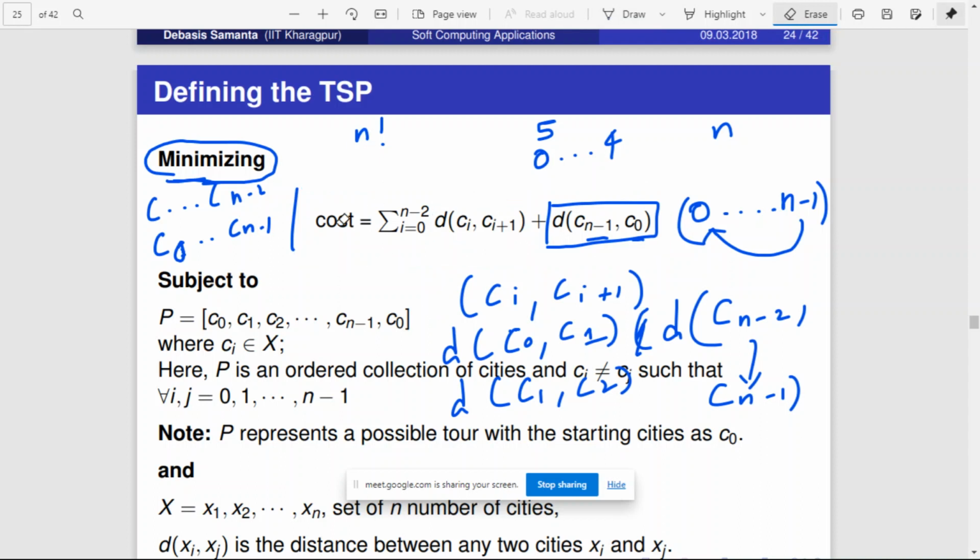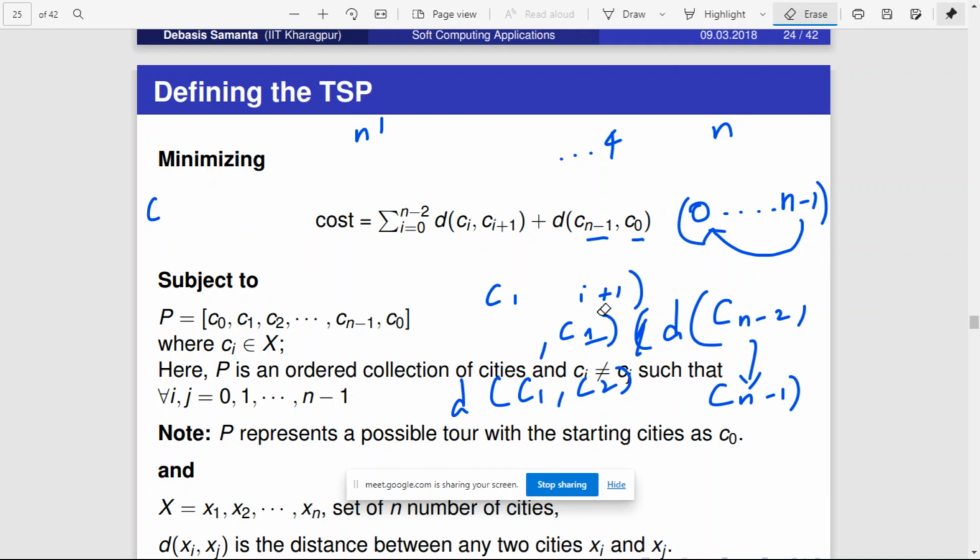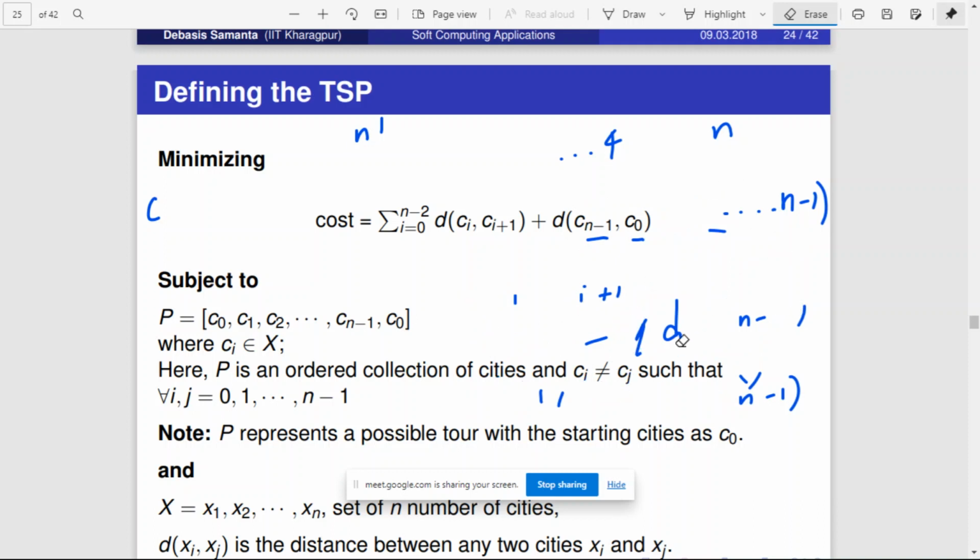So basically this equation says that out of all the possible combinations, you find the one with the minimum cost. That is the objective function for this problem, subject to the criteria. What is the criteria? These are the set of cities C0, C1, C2, up to Cn minus 1.